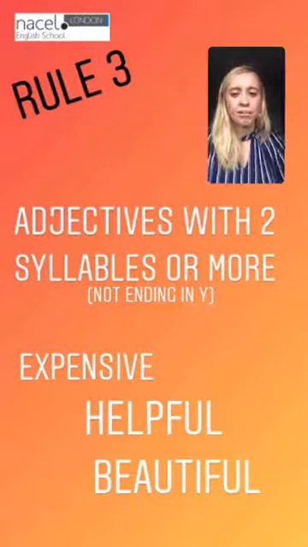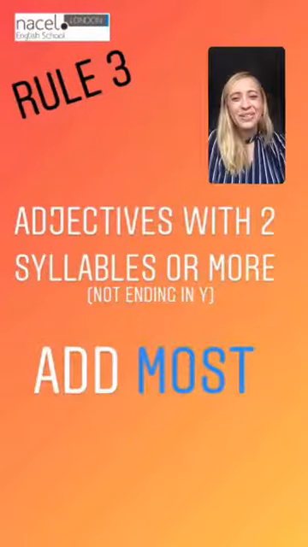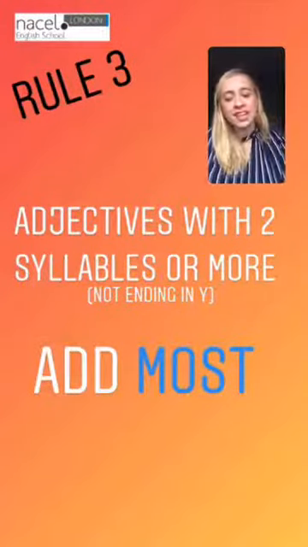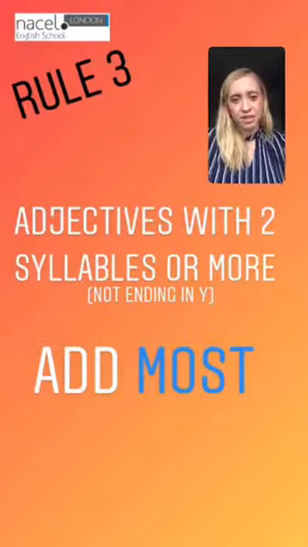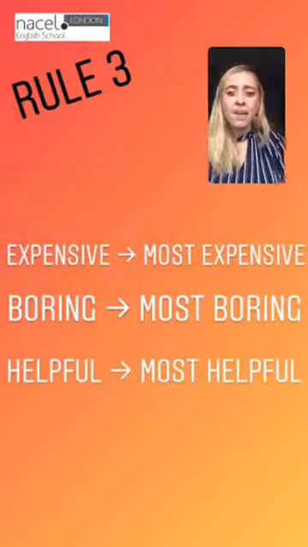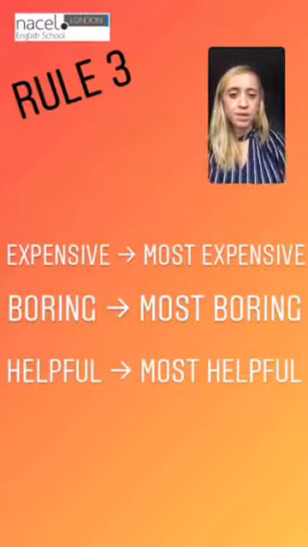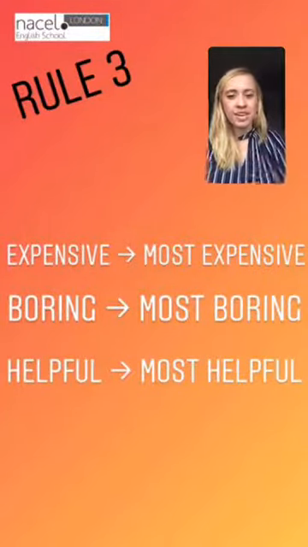So what do we do with these adjectives? Very easy, we add most to the start, before the adjective. Add most. So you now have expensive is most expensive, boring is most boring, and helpful is most helpful.